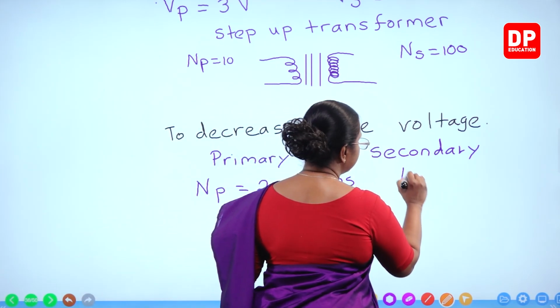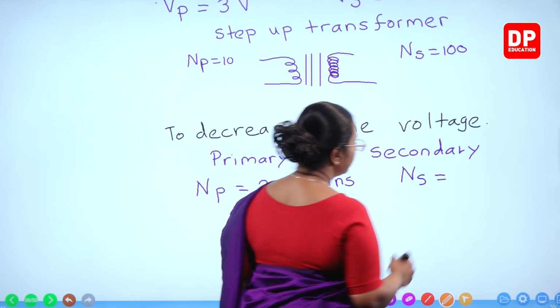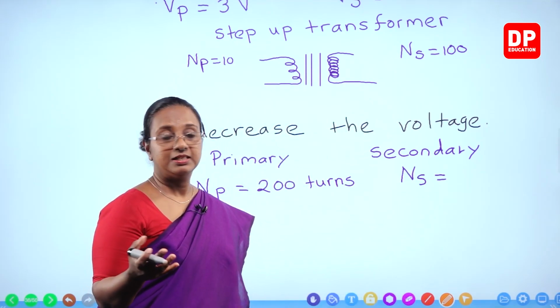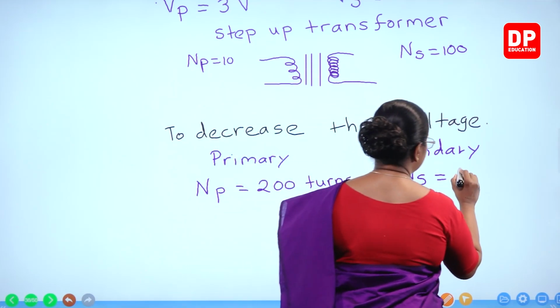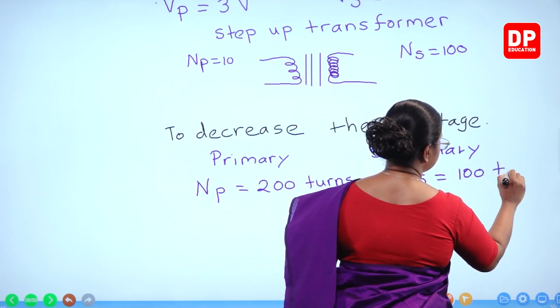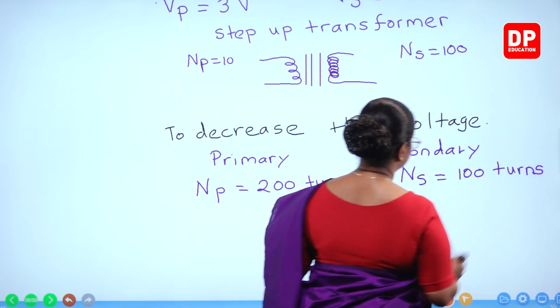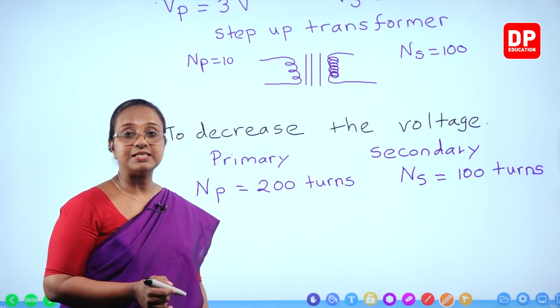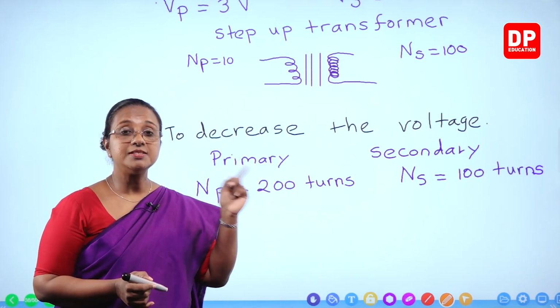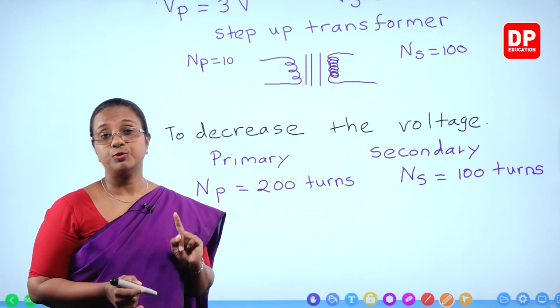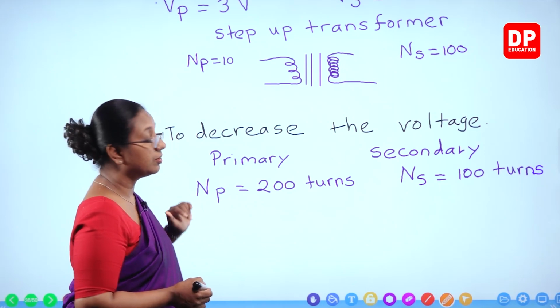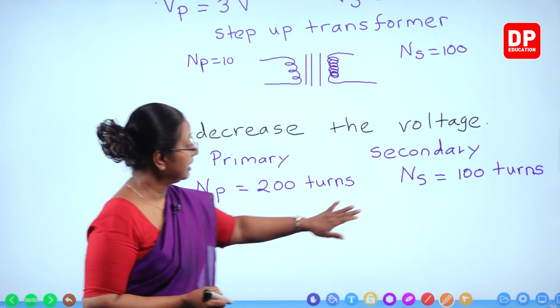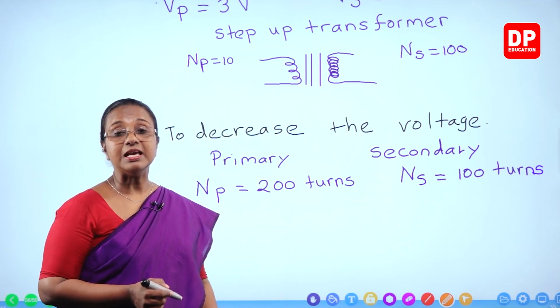Then in the secondary one, we need to have fewer, let's say only 100 turns. So more turns in the primary coil, fewer turns in the secondary coil. Number of turns is proportional to the electromotive force. So here the electromotive force will be high, here the electromotive force will be less.